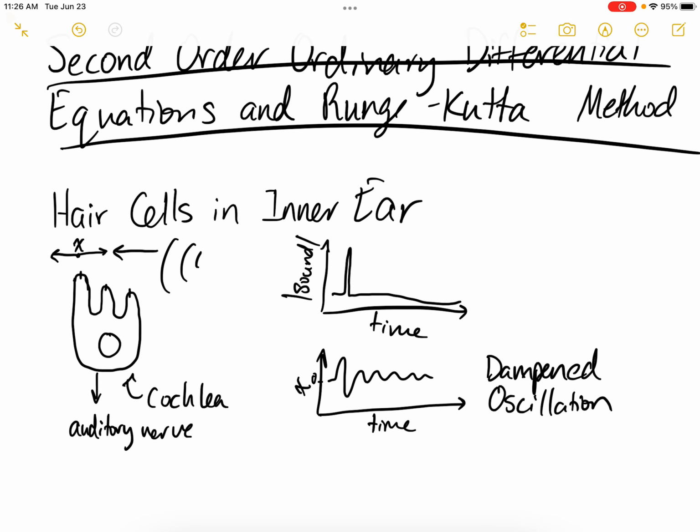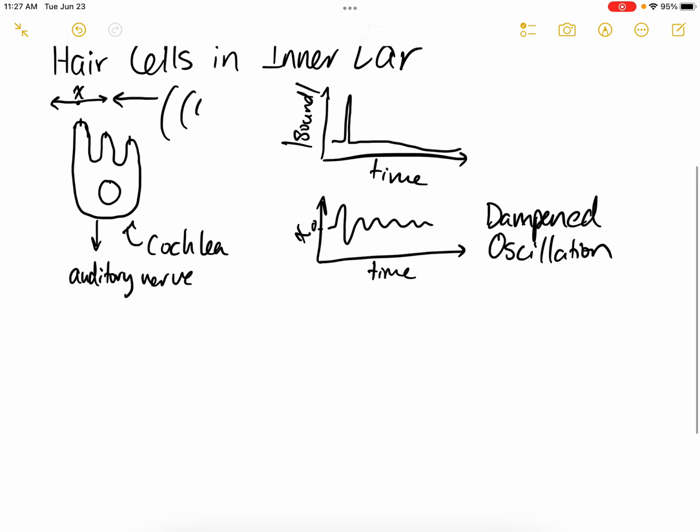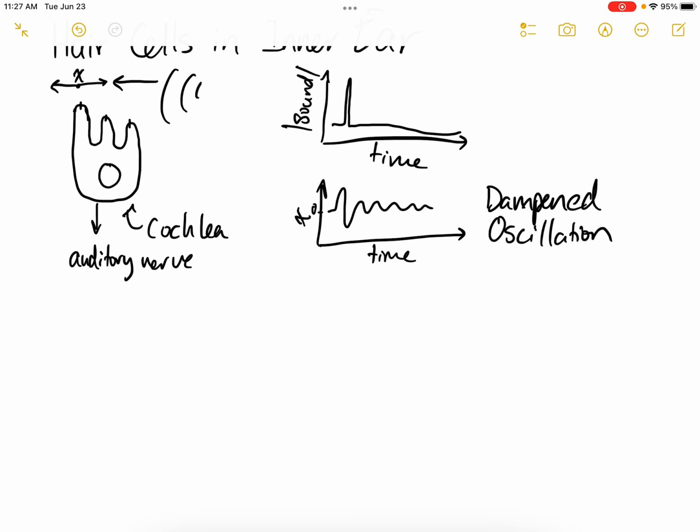So now let's think about how we actually model this hair cell as a damped oscillator. We want to create a mathematical equation that models this behavior. So let's zoom in on one single hair cell, and let's assume that this is x, where this is 0.